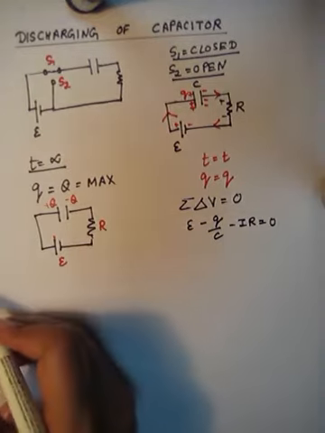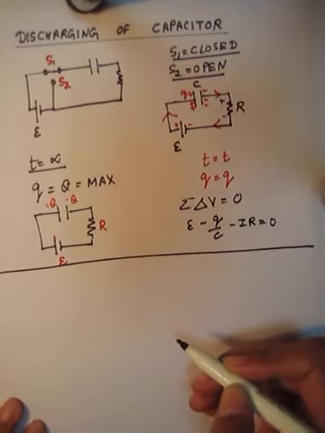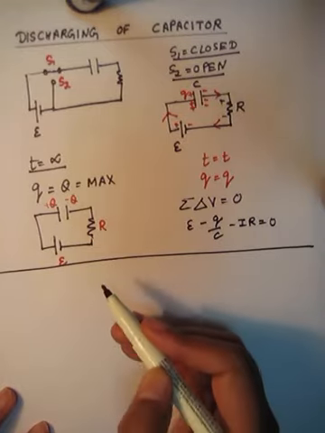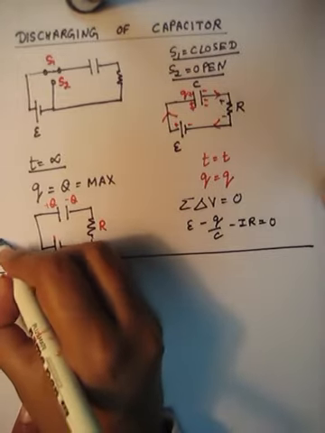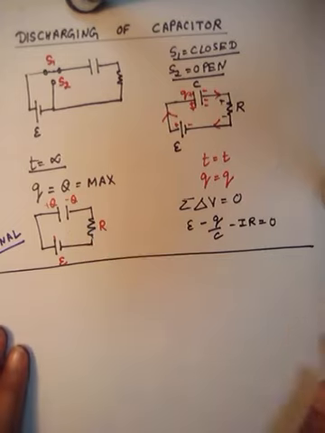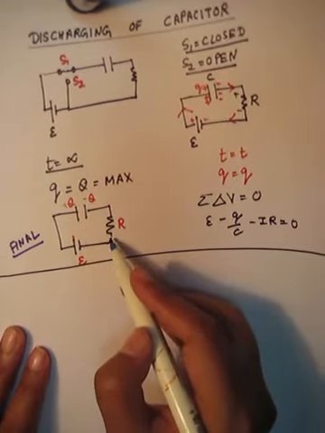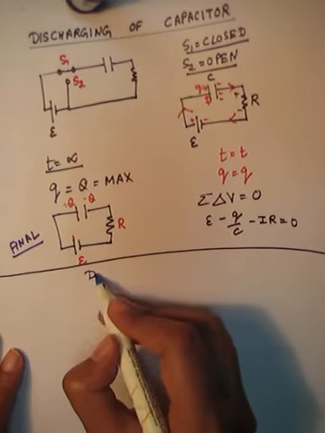Now this is what is happening in charging of a capacitor. Okay, and this is the final situation what we have. Finally, this is what we'll get in a charging. So the capacitor will be charged to the maximum and it will have no current, and this is how it will look like.